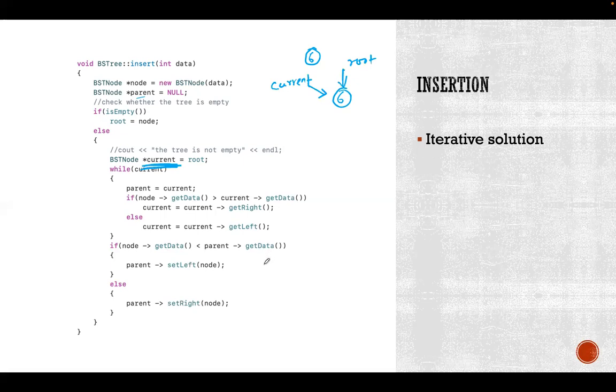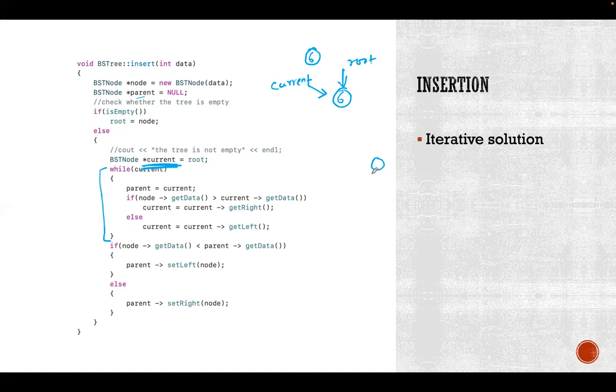This way we reach a leaf node. Here we are assuming that we are not handling any duplicate values. By traversing in this while loop, we reach one of the leaf nodes.